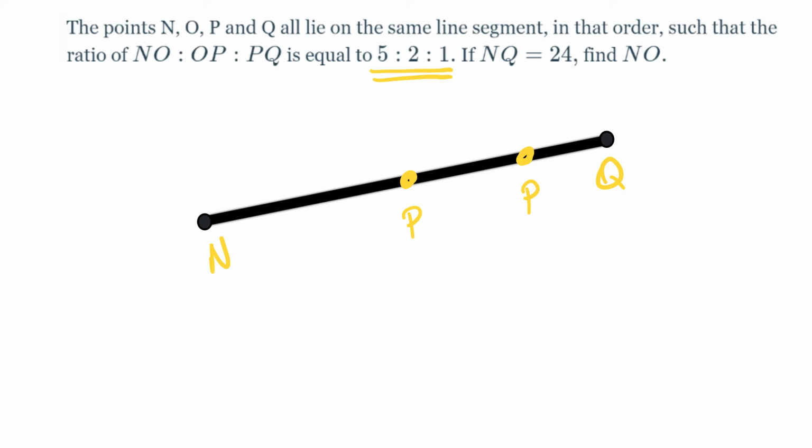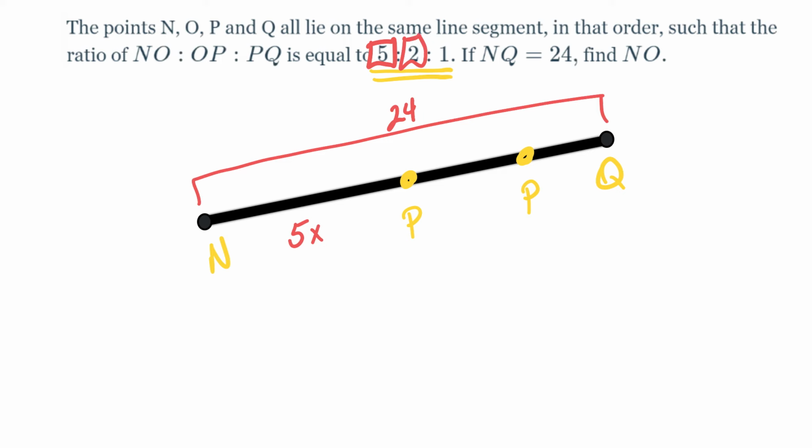So here's what we need to do first of all, is we need to recognize that NQ is 24 units long. And then the second thing we need to notice is how many parts do we have? So it's a 5-part from here to here. That's 5x, because it's 5 parts, to 2 parts, to a 1 part, which this is x.